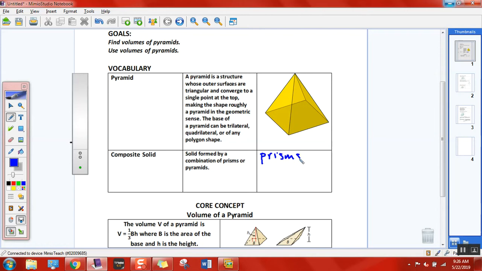And we'll look at some examples. So you'll see some prisms, you'll see some pyramids together, all right? So composite just means you're taking two different shapes and combining them to get a volume of a totally different shape.